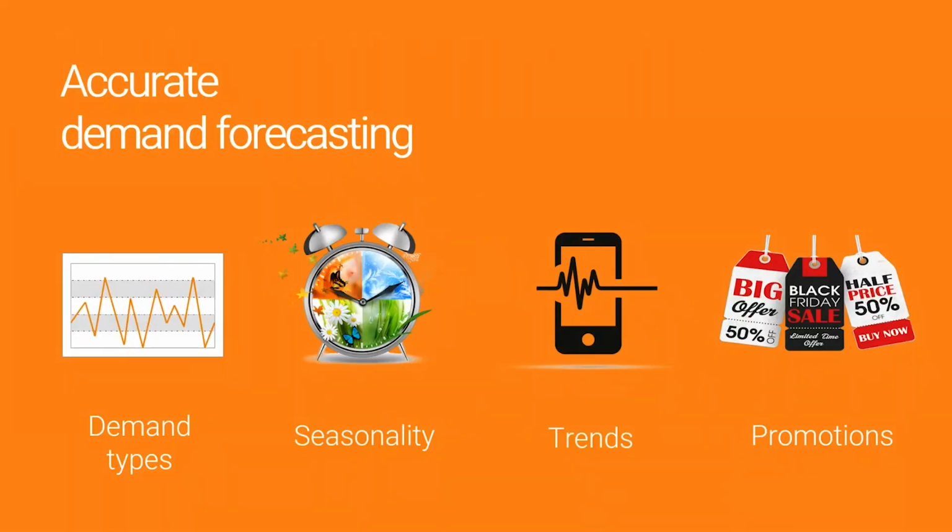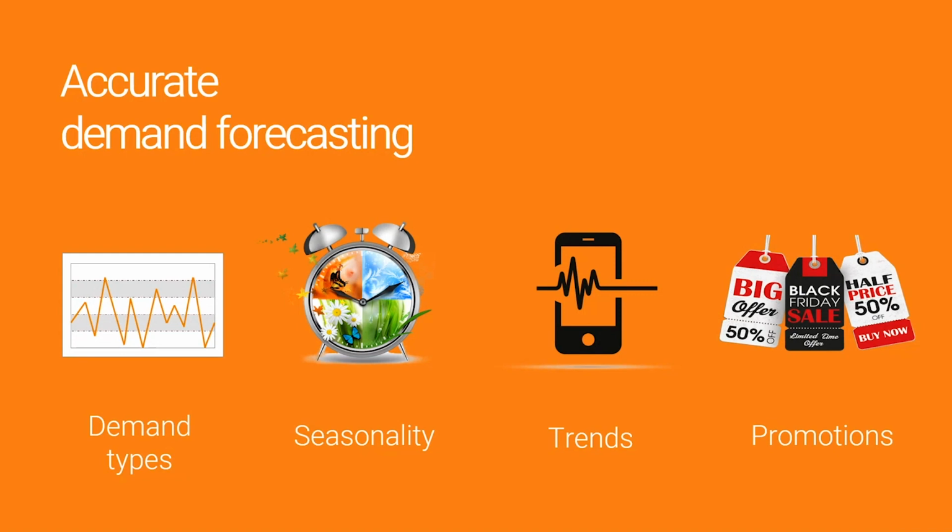Okay, so once you've got your demand patterns and demand types taken account of, EazyStock then moves on to automatically check for other factors that can impact a forecast's accuracy. So firstly, it'll look at items and try and identify items with seasonal demand patterns and adjust the forecasts accordingly. So this will help prevent shortages during your peak seasons and expensive surpluses as the demand at the end of the season comes along.